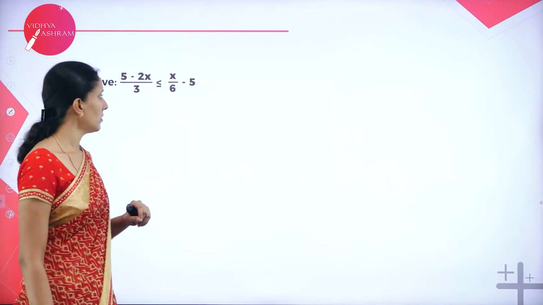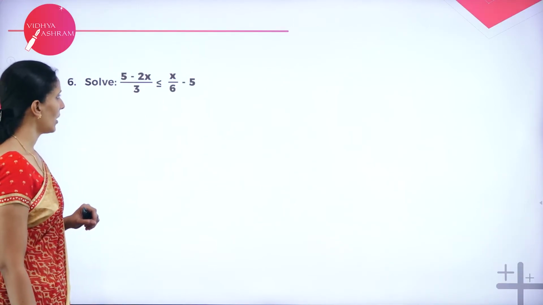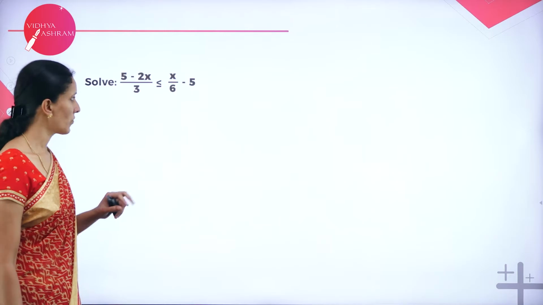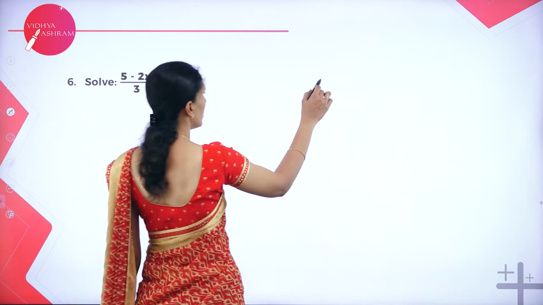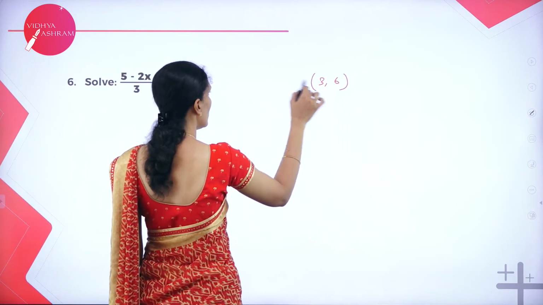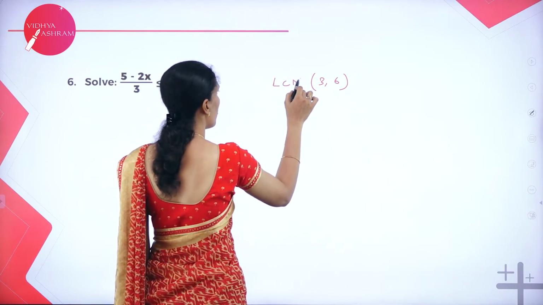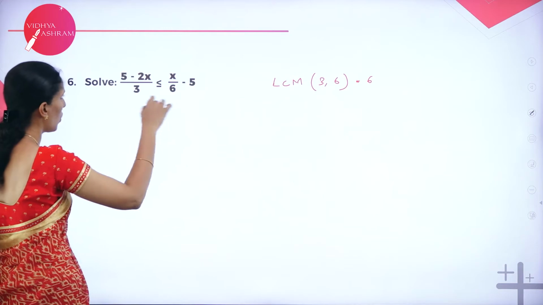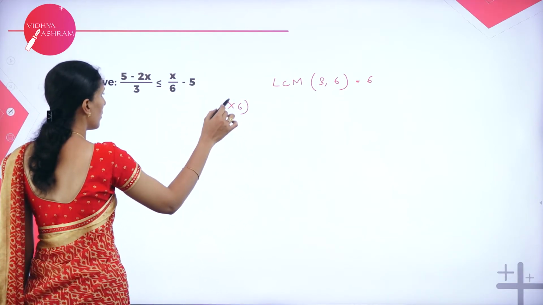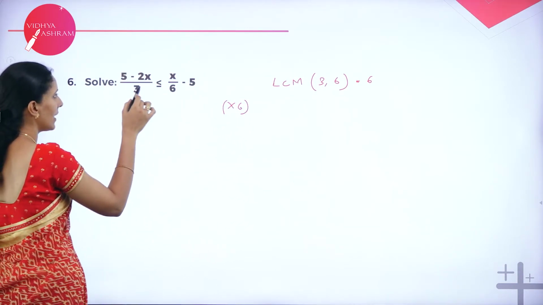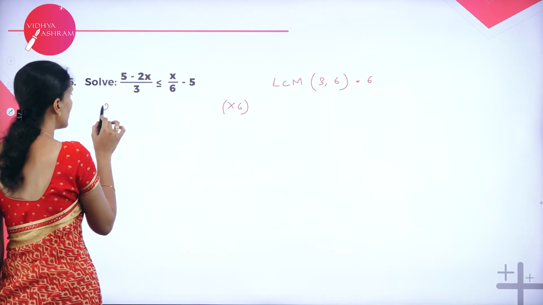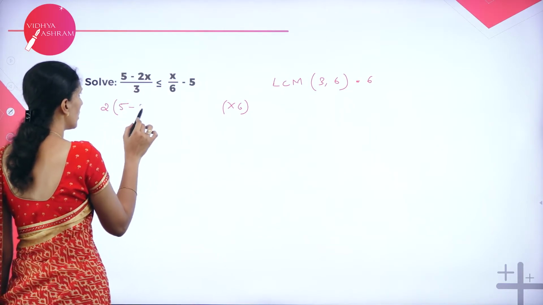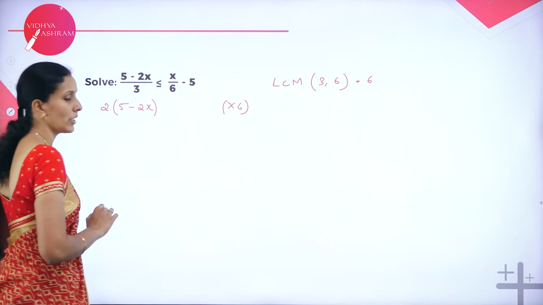So the next question: 5 minus 2x by 3 less than or equal to x by 6 minus 5. Here also we have a fraction, that is 3 and 6 in the denominator. Let us take the LCM of it, that is equal to 6. Now multiply 6 to the whole equation. If you multiply 6 on your left hand side, 3 1s are 3, 2s are cancelled, and you are remaining with 2 into 5 minus 2x.